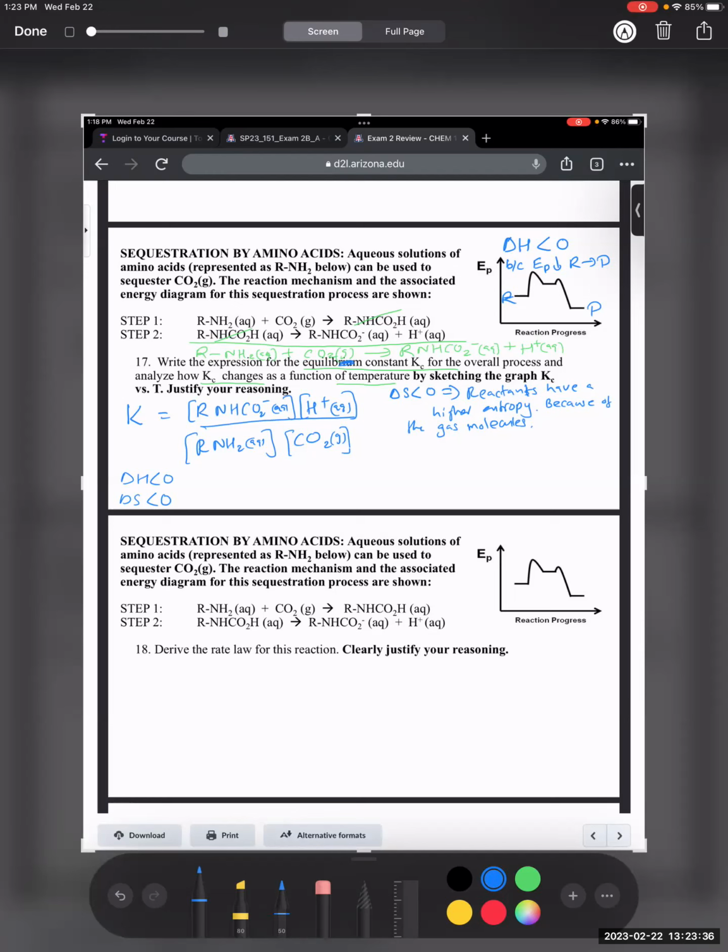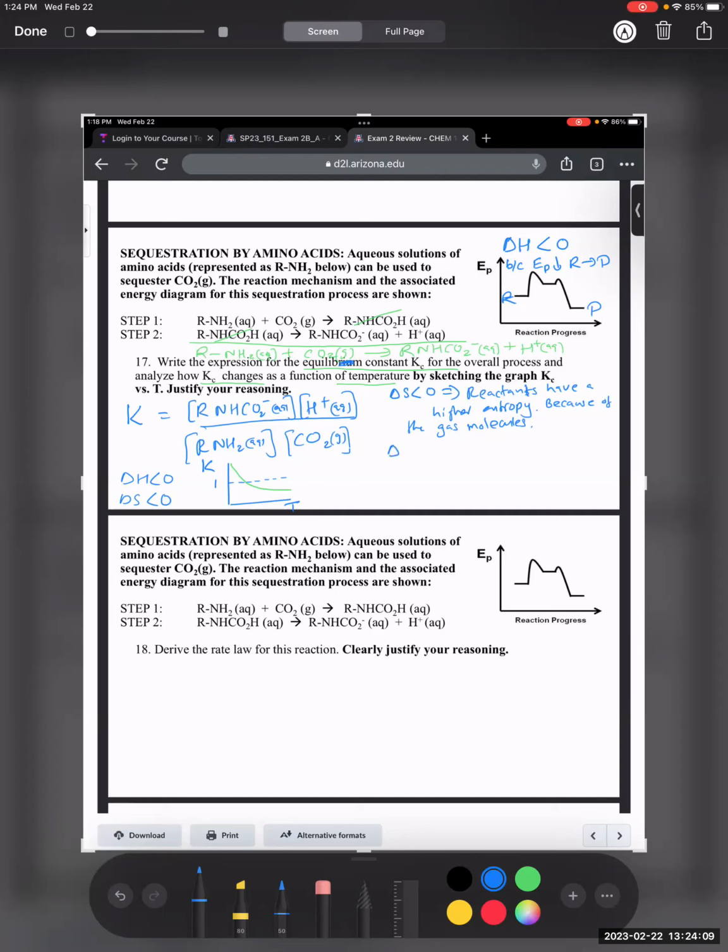Therefore, the K versus temperature graph, this is K, and this is temperature, and this is the line of 1, should look like this. K should be greater than 1 at low temperatures. And at high temperatures, K is going to become less than 1, meaning it's going to be reactant favored at high temperatures.